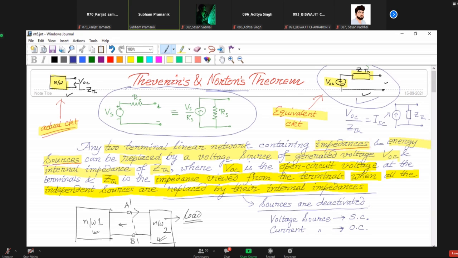I hope that these points are well-known. You have already learned them. So what is new here? One more thing that I must mention: though we know these theorems as Thevenin's theorem and Norton's theorem, you should know that Thevenin's theorem was first proposed by von Helmholtz, a German scientist.